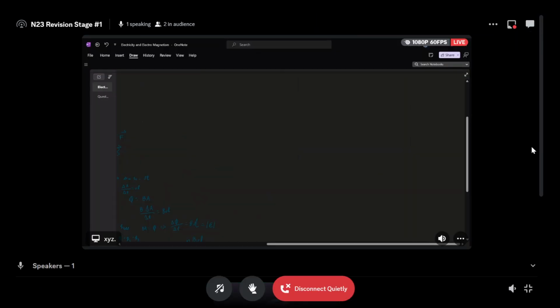So, power and transmission. The main concepts you need to know in HL is how a transformer works. And a transformer, it's drawn something like this, I think, most of the time.